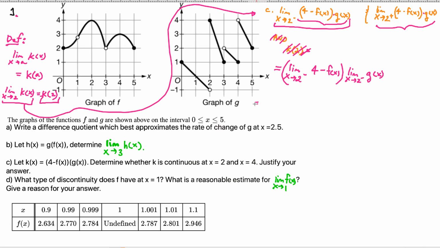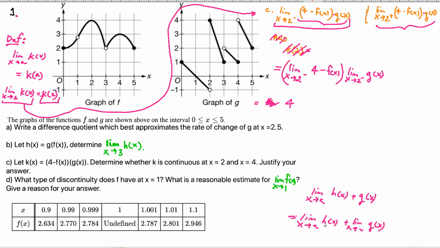And then I split the limit again, along here. The limit of a constant is always just the constant, so it's 4. The limit of a sum, the limit as x goes to a of, let's say, any two functions, h of x plus g of x, is equal to the sum of the respective limits, so it's the limit as x goes to a of h of x plus the limit as x goes to a of g of x.